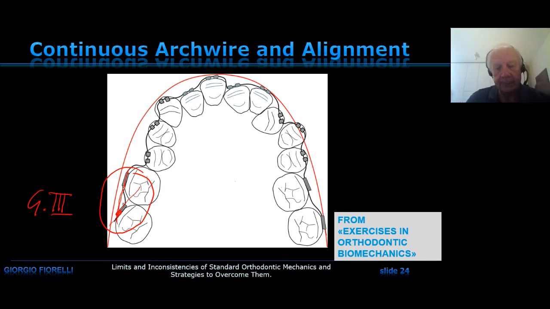Remember that in all geometries which are not symmetrical, so I don't consider geometry 1 and geometry 6, there's always one of the two angles which is larger than the other. And this angle is the angle where we have the crossing of these two lines. So if I have to define this condition, I would say, okay, we have a geometry 3, and this bracket is the one with the larger angle. Okay, this is the largest angle of the two.